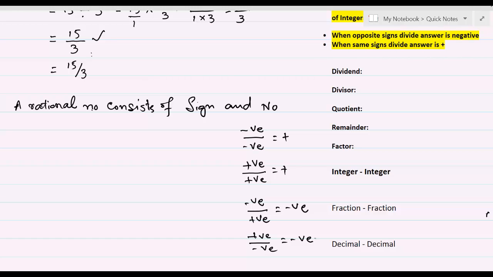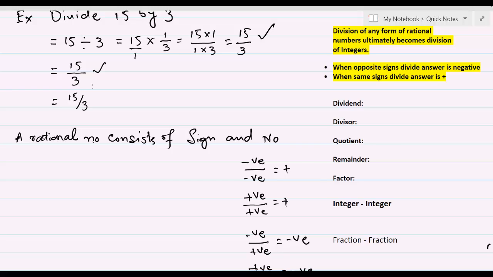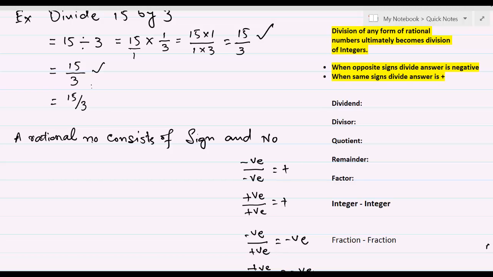Anyway, let's get started and perform the actual division now. In this way, if we were to divide 15 by 3, question number 1, if we were to write 15 divided by 3, how are we going to divide 15 by 3?